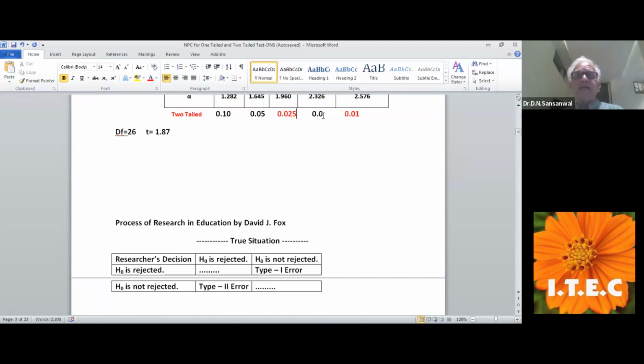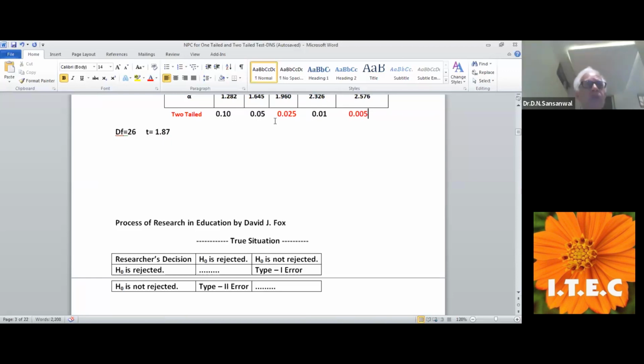When you further divide it, this will be 0.01, and further, 0.005. So these are your one-tail levels of significance.